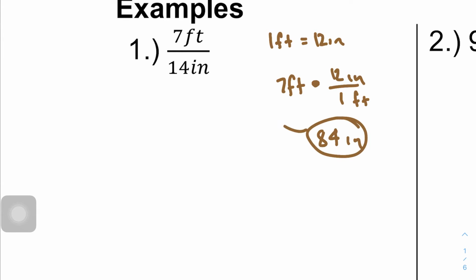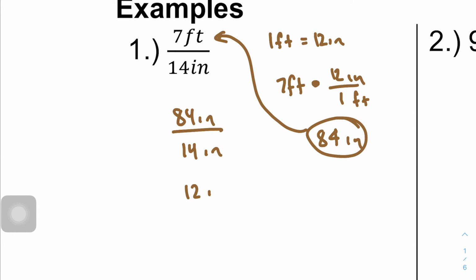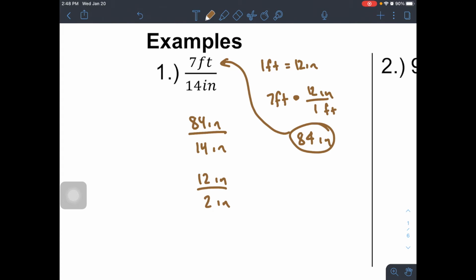And then take that value and substitute it. And then now simplify if I need to. Looks like a 2 goes into that. So we got 6 inches to 1 inch. So there is our answer.